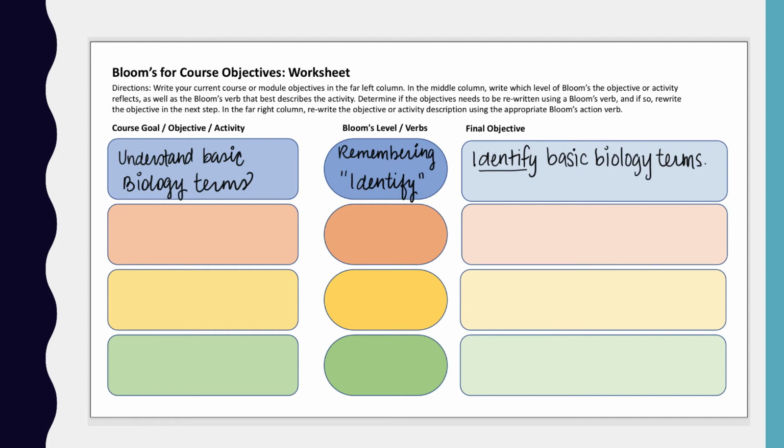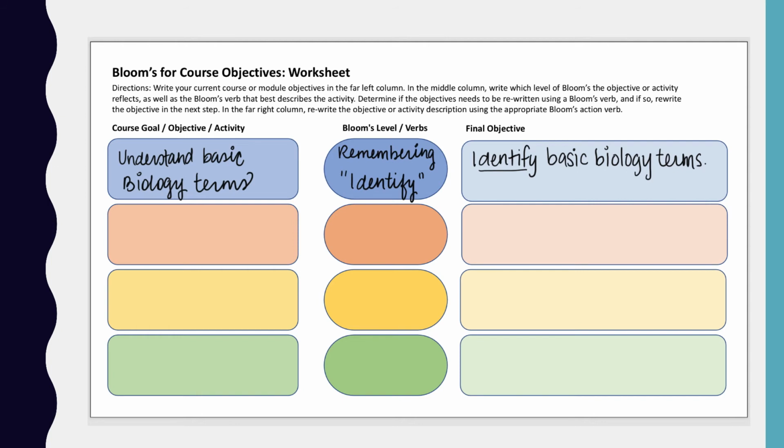Now, looking specifically at the worksheet, here is an example of one that we got started for you. In the far left column, you're going to write down your overall goal or objective without too much concern on how it's written. Basically, write down what your goal is.